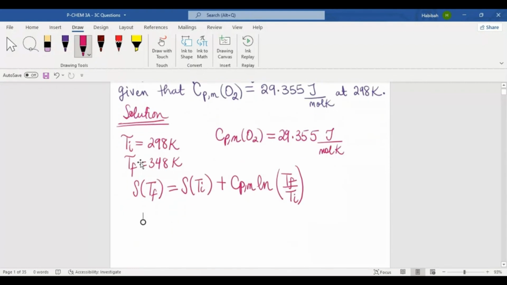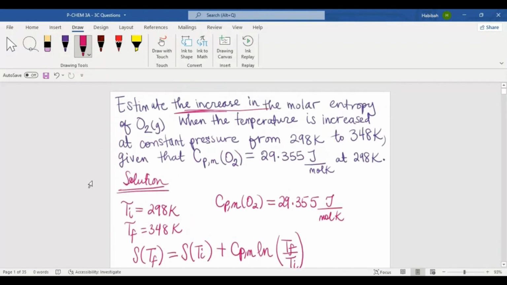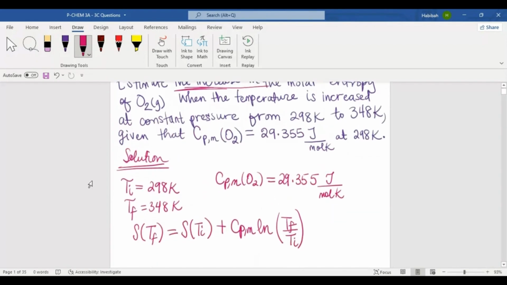So you're looking for the entropy at the final temperature, and then the entropy at the initial temperature, then the molar heat capacity times the ln of T final divided by T initial. Since we're not asked to find the molar entropy at the final temperature or at the initial temperature, and we're asked to find the increase, we're going to be dealing with the change in molar entropy.